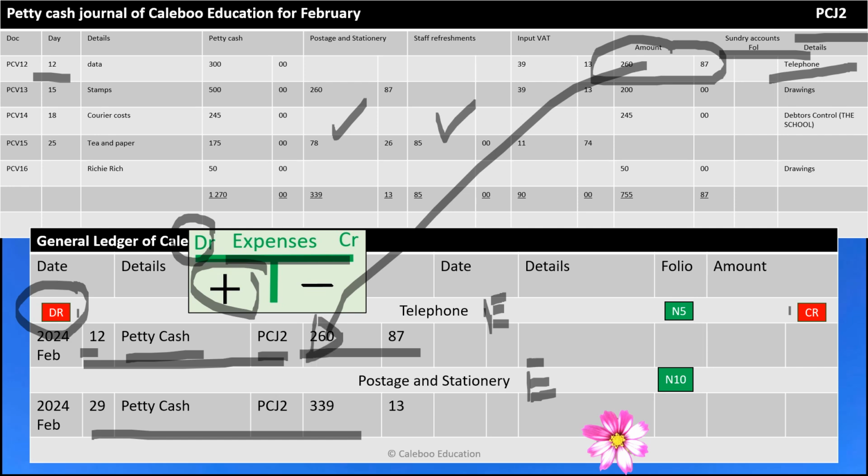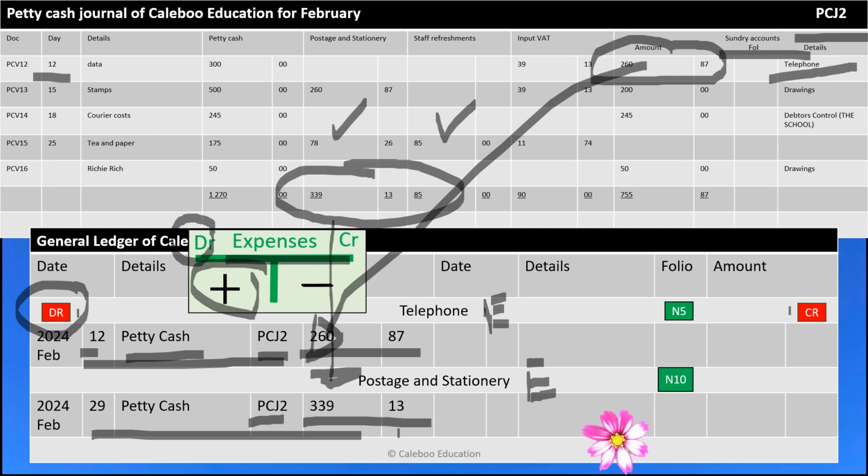And the last one, we've got postage and stationery. I'm scribbling. The information is taken to the ledger account. Why was it debited? Because it was an increase in expense. Where did the information come from? The petty cash journal number 2. And what was the amount? 339 and 13 cents.